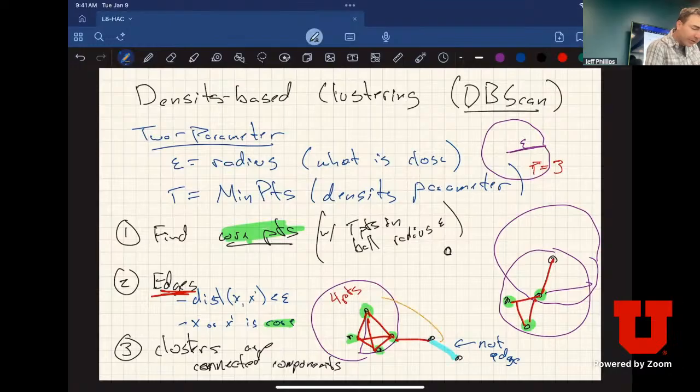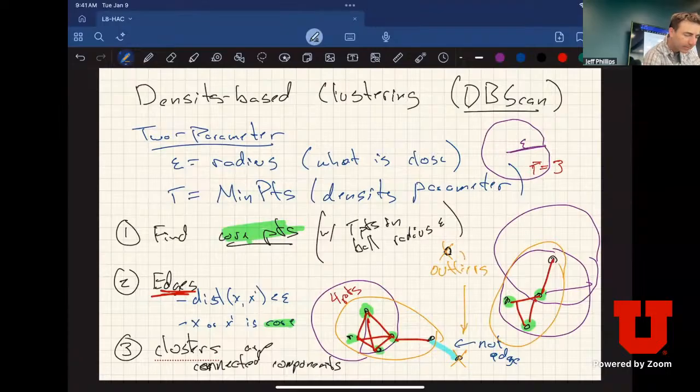I'm going to get this cluster and this cluster, and these points are not in any cluster. These will be outliers. Two points are in the same connected component if I can walk from one to the other by a sequence of edges. We've seen this definition before.